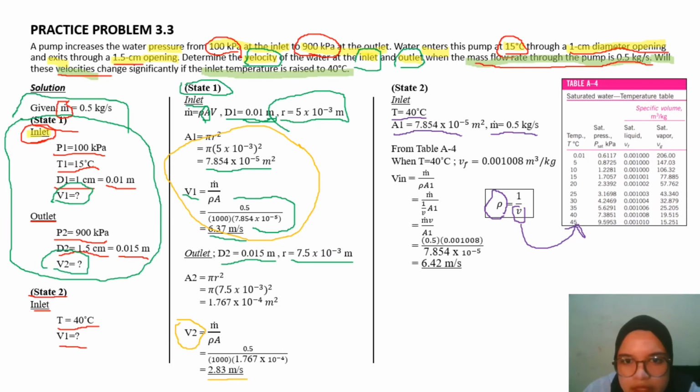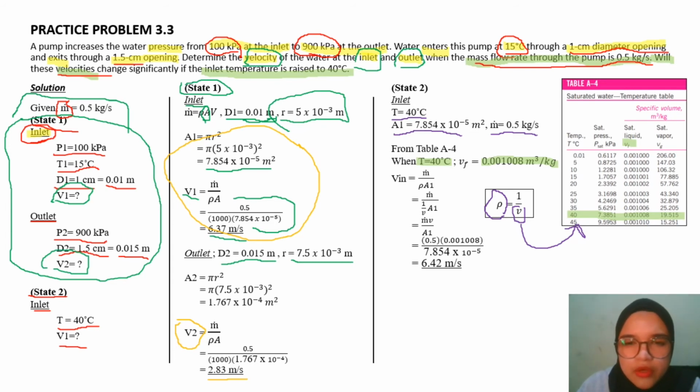So as the temperature is 40 degrees Celsius, we can look and get the saturated liquid specific volume, which is 0.001008 meter cubed over kilogram. I'm sorry if I'm stuck a bit. And then we proceed.